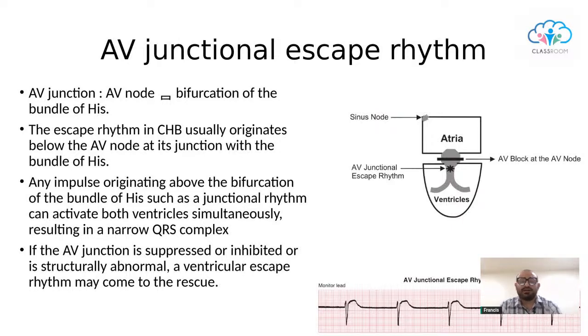So in an AV junctional escape rhythm, the origin is from the AV node to the bifurcation of the bundle of His, and any impulse originating above the bifurcation of the bundle of His can activate both ventricles simultaneously. Therefore, the complexes you will see here are narrow complexes. If the AV junction is suppressed or inhibited or structurally abnormal, then a ventricular escape, that is a backup to the backup, will come to the rescue, in which case you'll see broad QRS complexes.